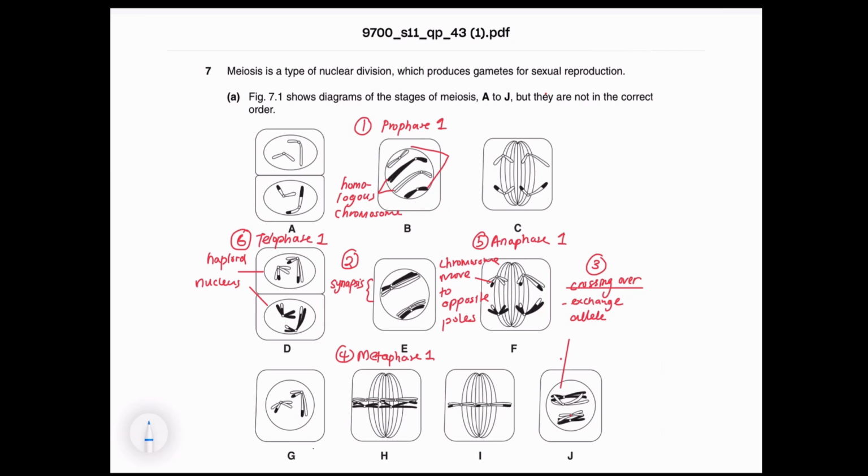Meiosis 2, you will realize that the process is similar to mitosis with some slight difference, where you can see that they started off with non-identical sister chromatids. This is prophase 2. So you can see the sister chromatids are slightly different.